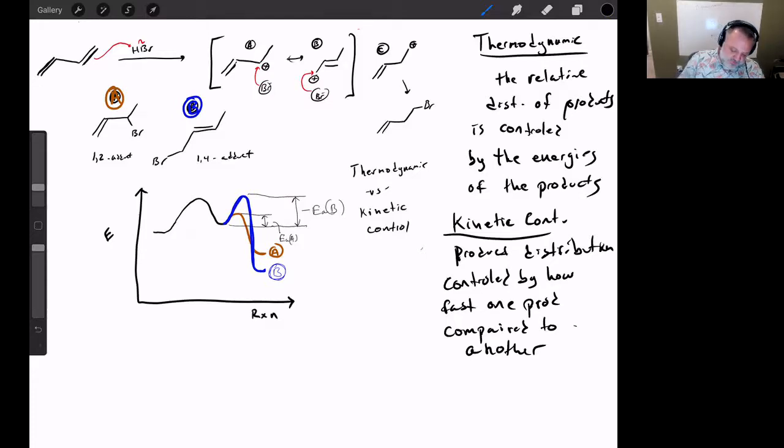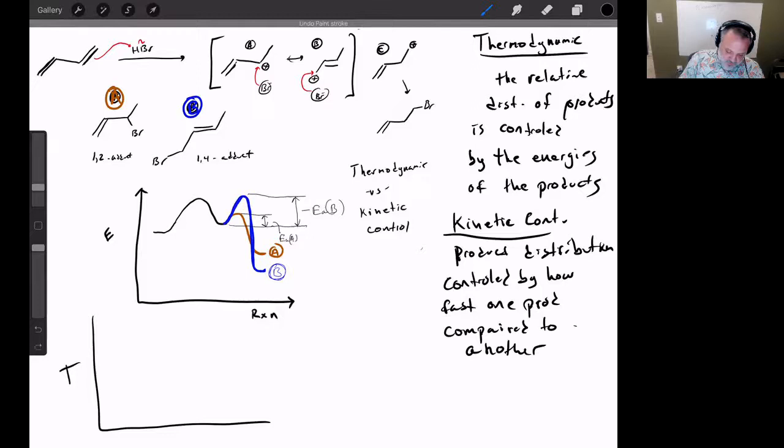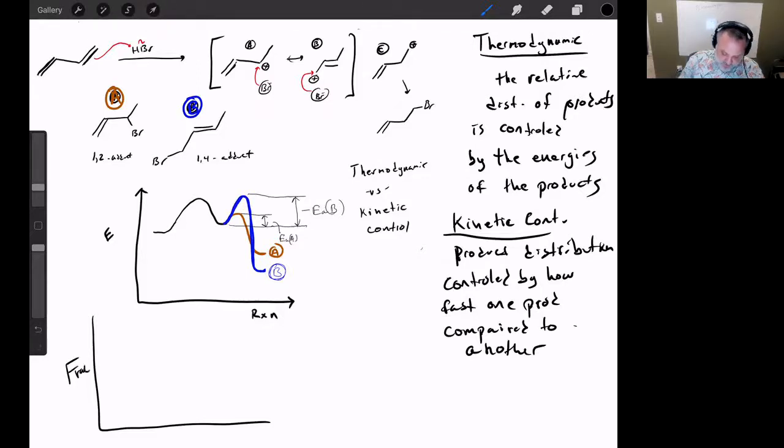And I want to go back to this graph that reminds us what happens at different temperatures. So what I want to do is draw a graph like this. In this case, the energy of activation is on the x-axis, and on the y-axis, it's the fraction of molecules that have a particular energy.